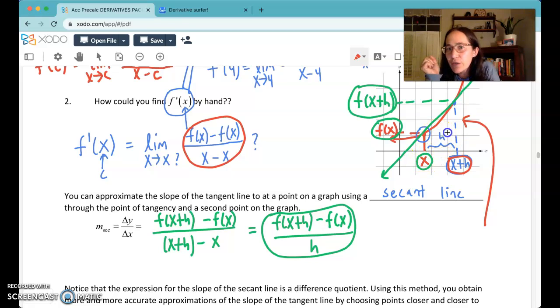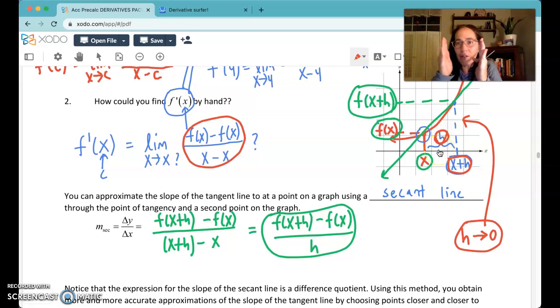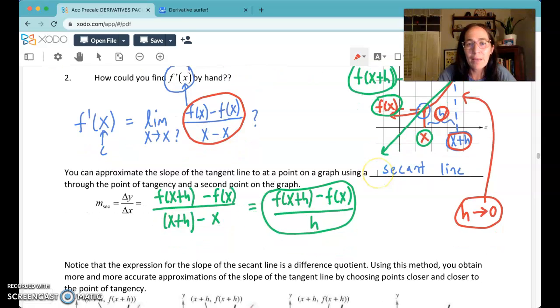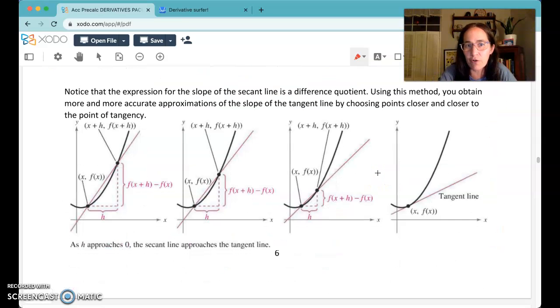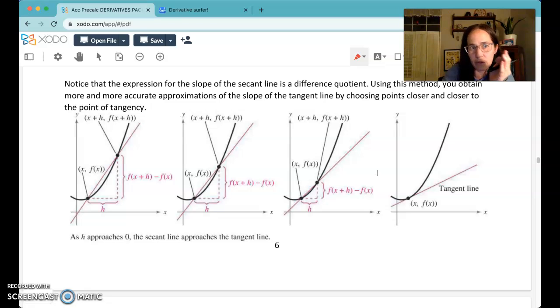If we could reduce the size of h, we still need 2 points to use the slope formula, but if we could find a limit as h approaches 0, if we could make this distance right here smaller and smaller and smaller, the secant line slope should approach the actual tangent line slope. And maybe this little series of graphics might show the story a little bit better.